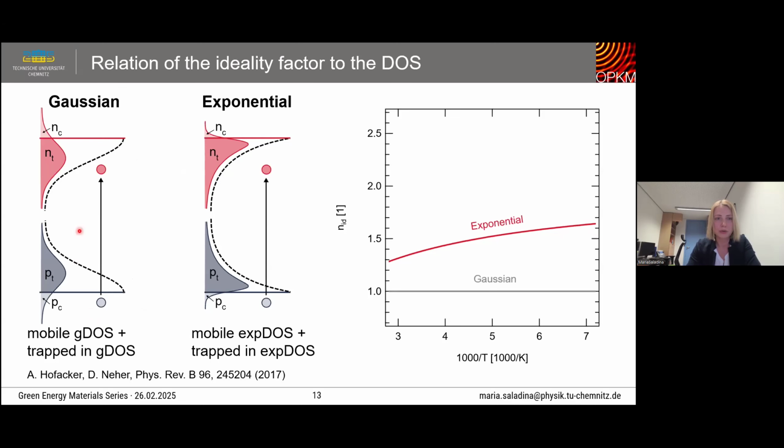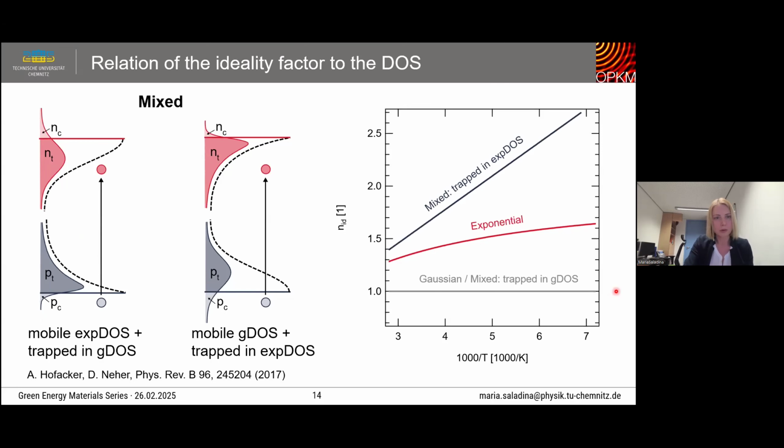So here both electrons and holes are described by the Gaussian distribution. And here, even though the recombination is fully trap-assisted, the ideality factor is unity and it is independent of temperature. So you see a direct contradiction to crystalline semiconductors: even an ideality factor of 1 does not mean this is recombination between mobile charge carriers in organic semiconductors.